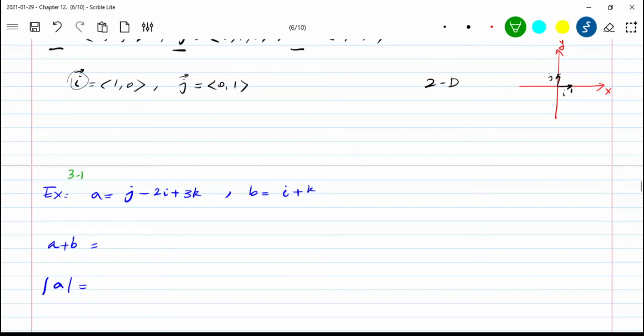I should have mentioned 3 dimensions. So you have the j vector, let me write A. A is j, which is 0, 1, 0, minus 2 times i, which is 1, 0, 0, plus 3 times k, which is 0, 0, 1.